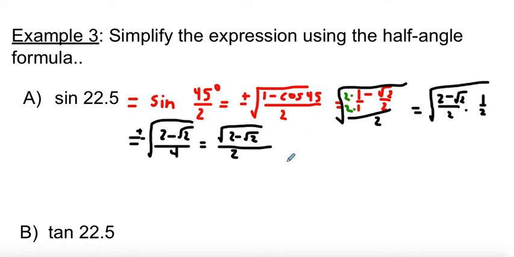And there we go. And plus or minus. So we got to decide if it's plus or minus. If you take 45 degrees and you divide it by 2, you get 22.5. And 22.5 is definitely there in quadrant 1, so it's got to be positive. So that would be our solution.